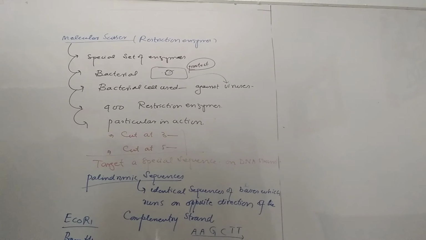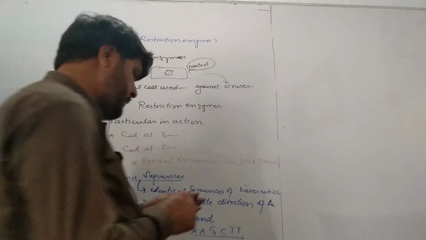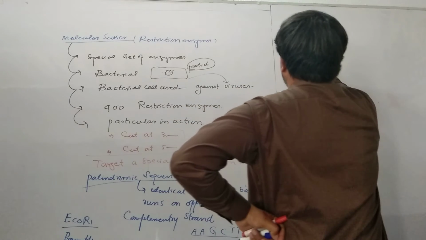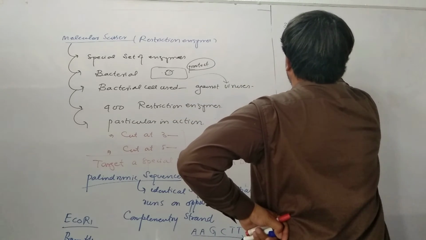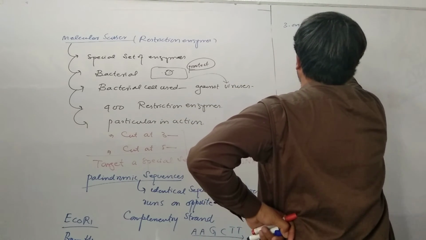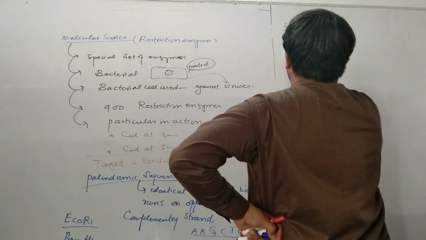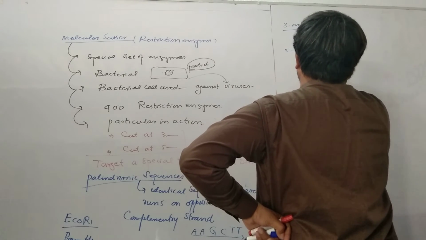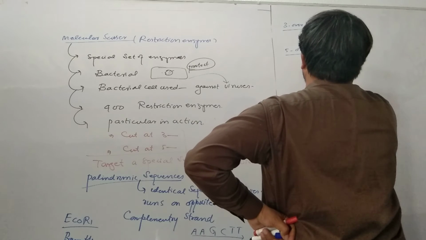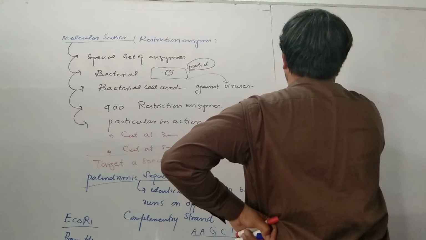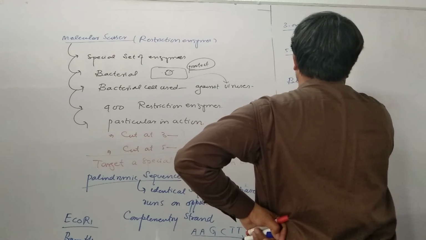Now we explain 3 overhang and 5 overhang, and blunt ends.